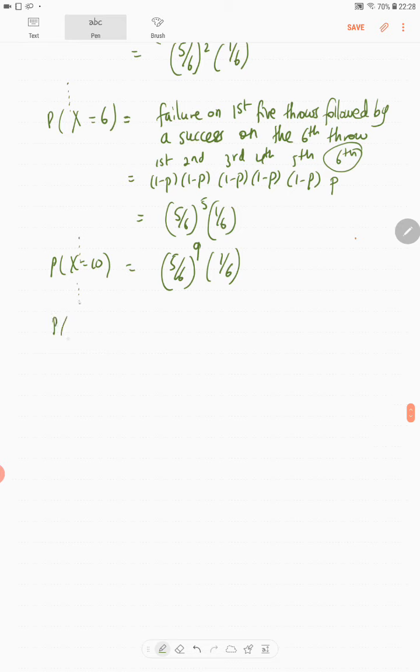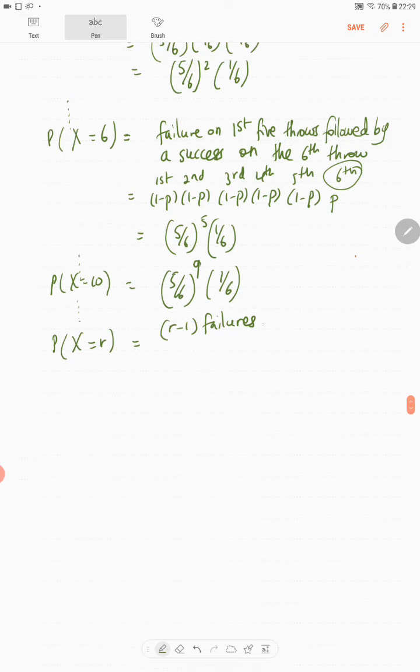Similarly, we can say that for the r-th row, we will have r minus 1 failures. That is, we will not get a 6 on the r minus 1 rows, and then on the r-th row, followed by a success on the r-th row.